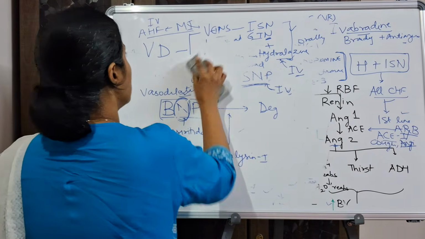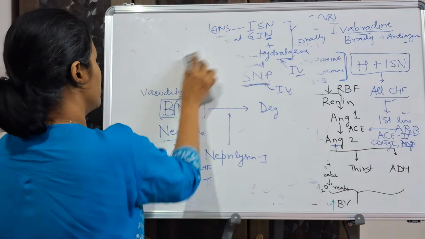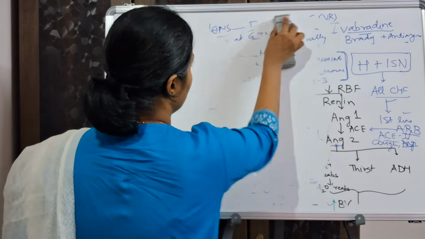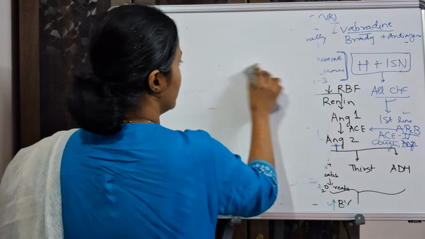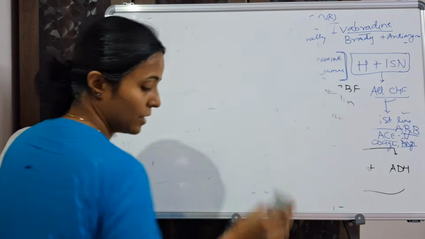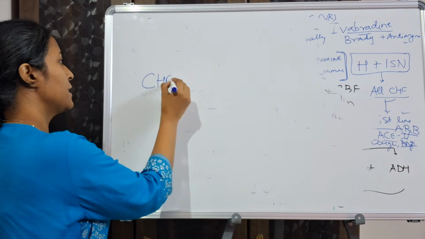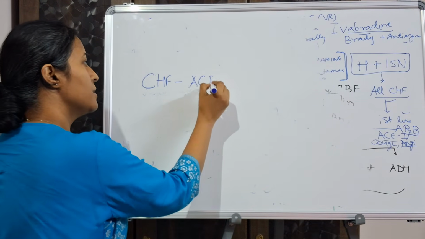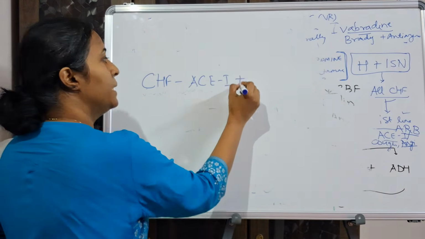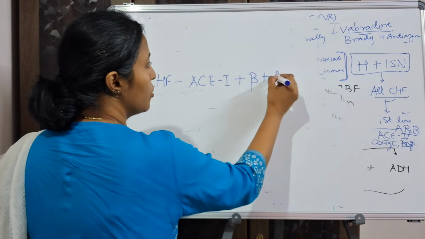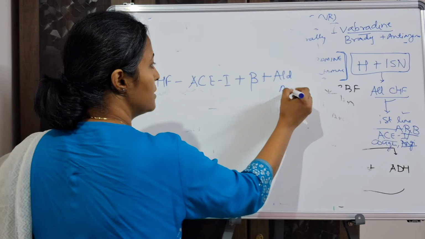Let us summarize quickly which drug has to be used in which condition. First, chronic heart failure. First-line drug, we will use ACE inhibitors. We will add a beta blocker. In moderate to severe cases, we will also add an aldosterone antagonist.